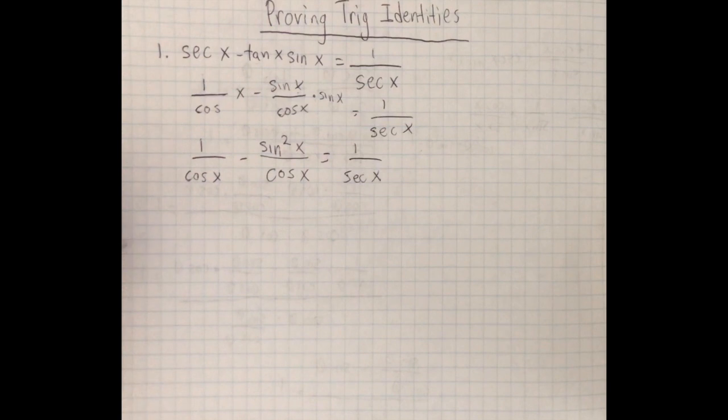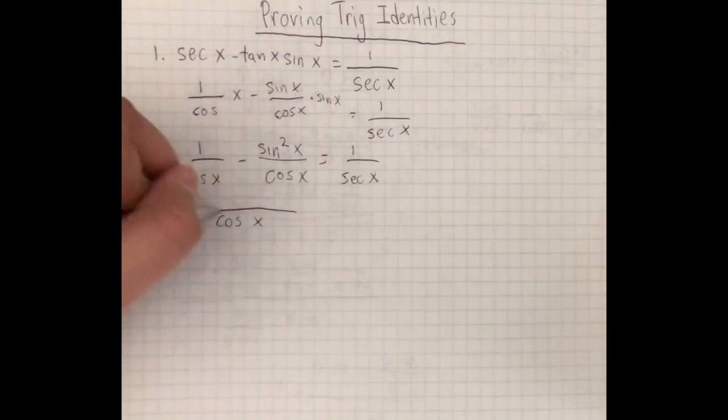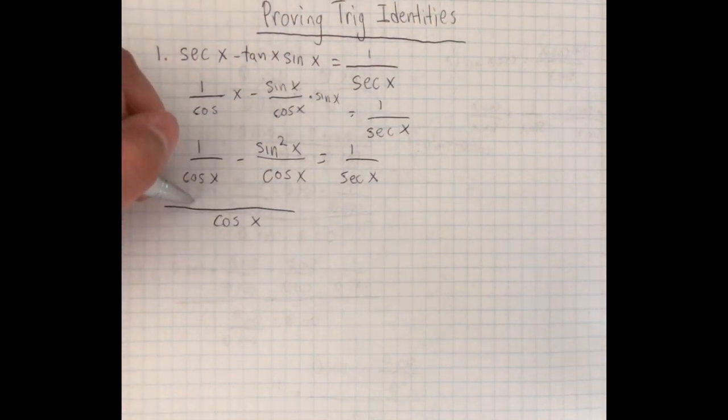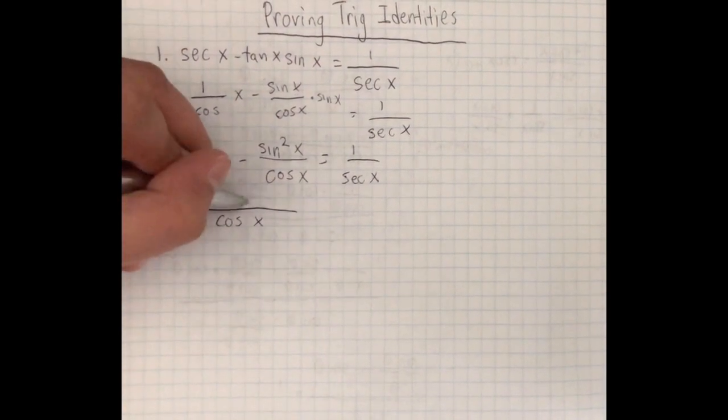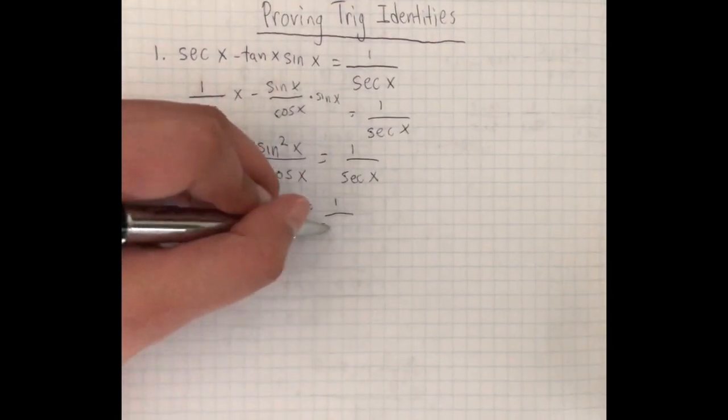So now we'd bring these to a common denominator. Our common denominator is cosine x. So they're both under the same common denominator, so that makes it easier for us. So that's 1 minus sine squared x over cosine x, is equal to 1 divided by secant x.